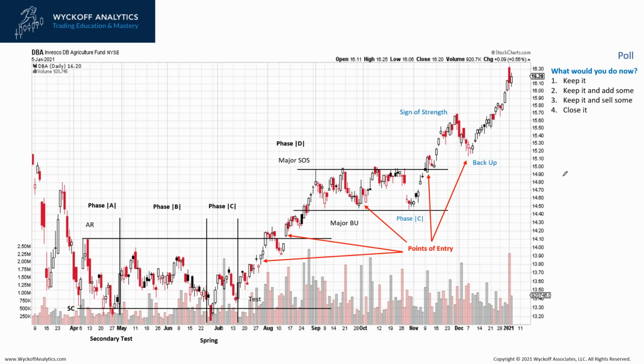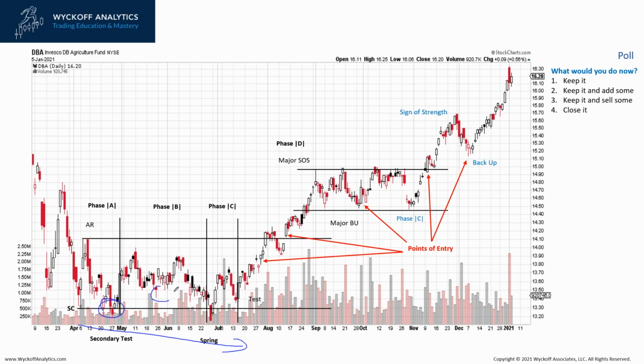Bruce, looking at the DBA, let me quickly go through the structure. We were in the downtrend. We had two stopping actions here. You could obviously question where the selling climax should be. But after that high volatility, we're seeing volatility diminish throughout the whole trading range.